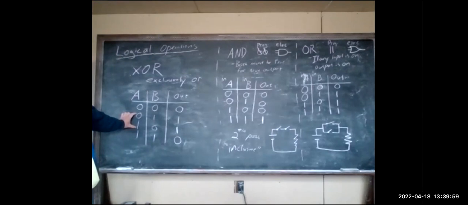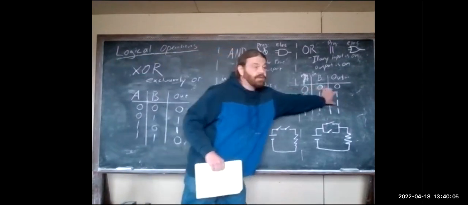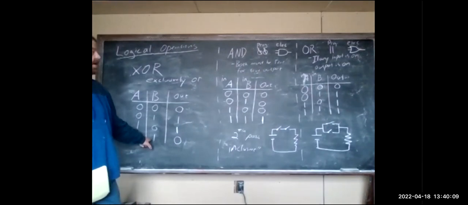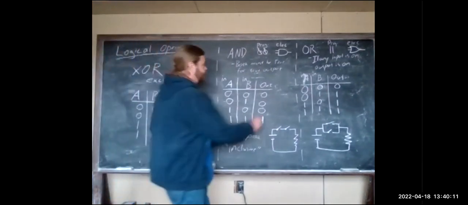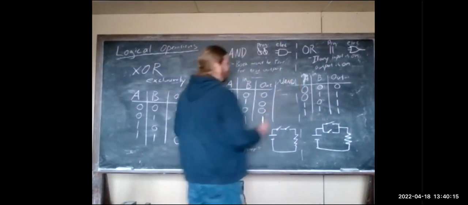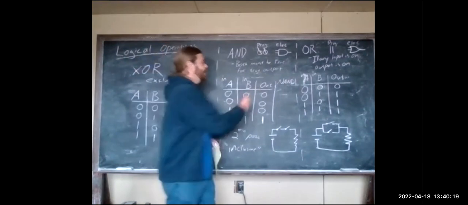The OR gate gives 0, 1, 1 turning it on, and then the NAND gives the 1, 1 case. I'll put an AND column right here, because we have our AND column.